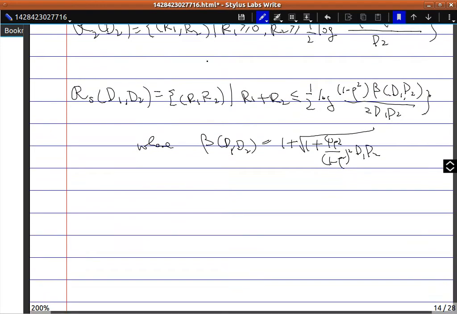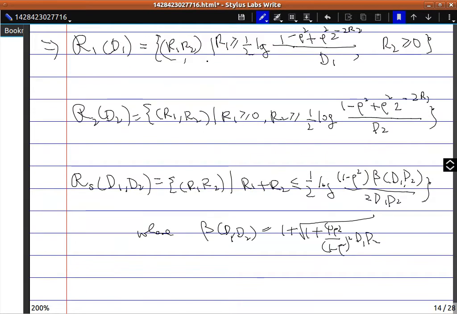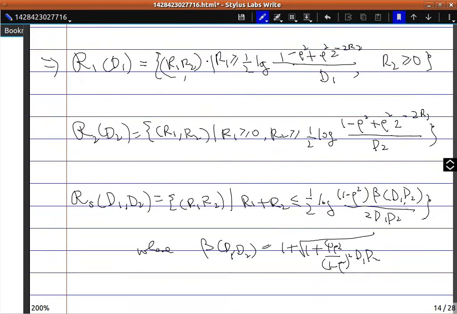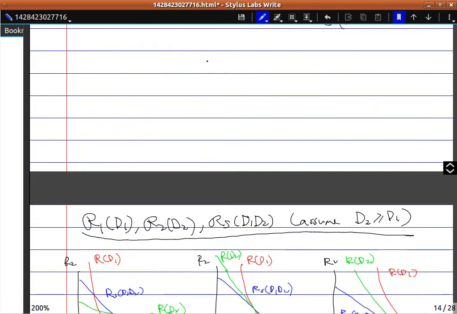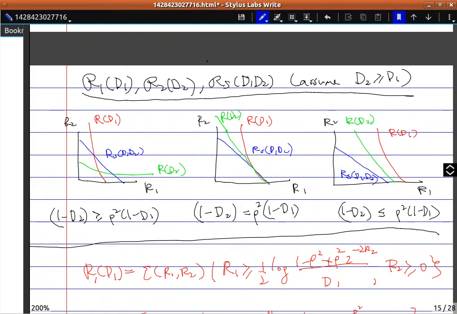Before we get into how to show that this is achievable, let's study a little bit the rate regions here. The rate regions can be plotted like this.